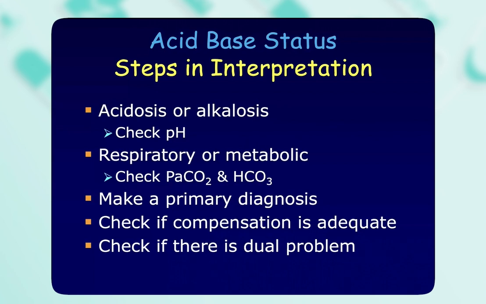That is called compensation. Let's say the patient is having metabolic acidosis or renal failure, so the patient will try to hyperventilate and decrease the PCO2 to try and bring the pH towards the normal side. That is called compensation. And sometimes compensation may not be adequate, so the patient may have a dual problem or a mixed disorder. We'll see in the coming slides how you can interpret.